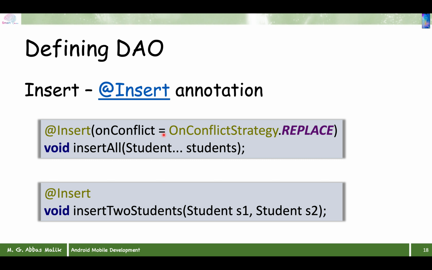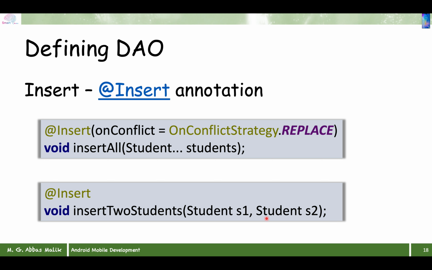If a conflict occurs during the insert, by default it will not insert the new record and will raise an SQL exception. But if you don't want to raise that exception, then you can say on conflict what you want to do, and there are other ways to handle it. Here I say that you can replace it, so the old values will be replaced with the new value.